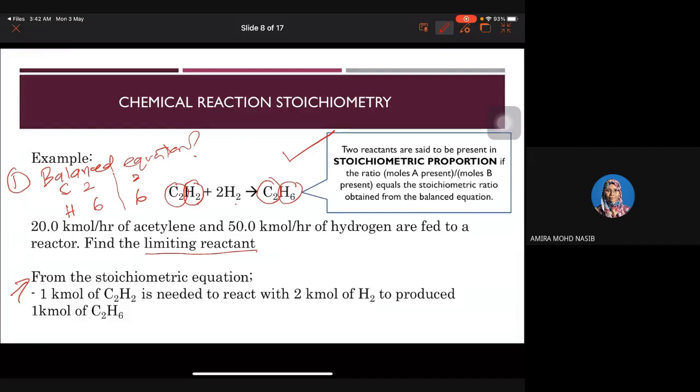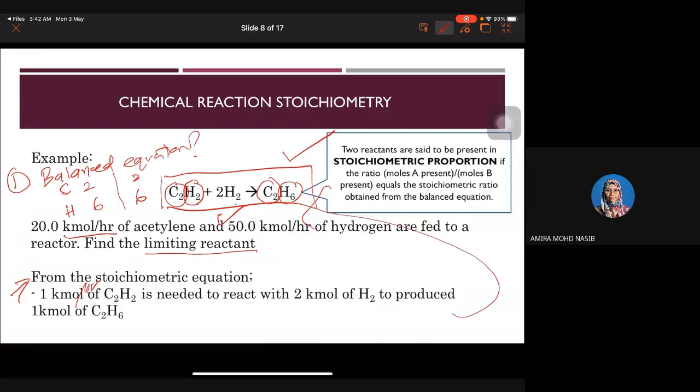Because the equation is already stated using kilomole per hour, we use kilomole per hour. From this equation, we can read that 1 kilomole of C2H2 reacts with 2 kilomole per hour of hydrogen, and we produce 1 kilomole per hour of C2H6. So this is how you read your equation.